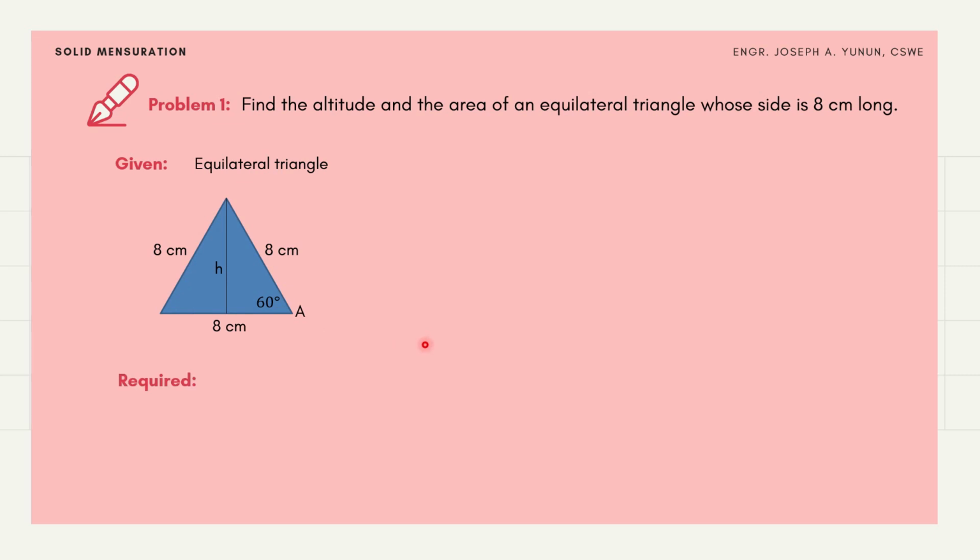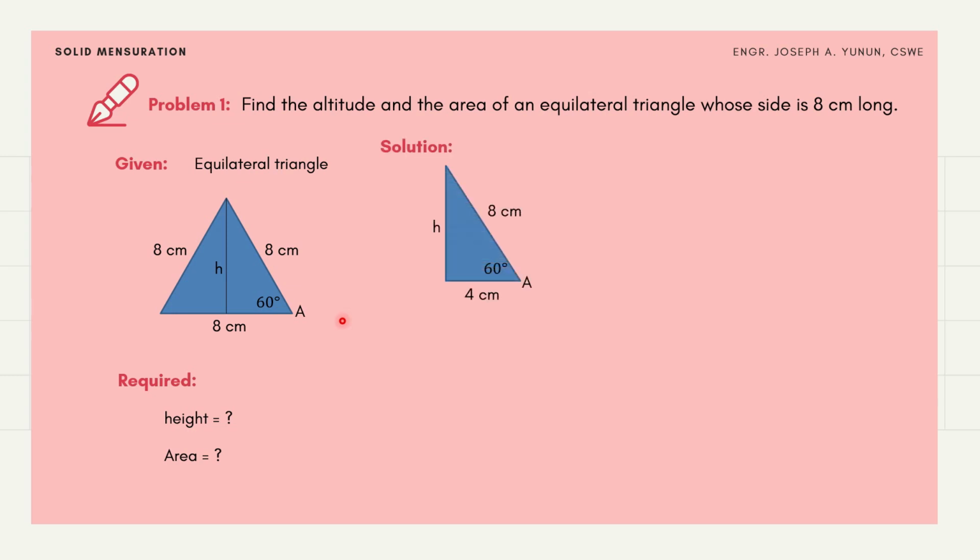The required is the altitude of the triangle, or height, which is represented as h in the given figure, and the area of the equilateral triangle. Take note that capital letter A here doesn't represent area. It represents angle A, and probably this is angle B, and that would be angle C. So angles are represented by capital letters.